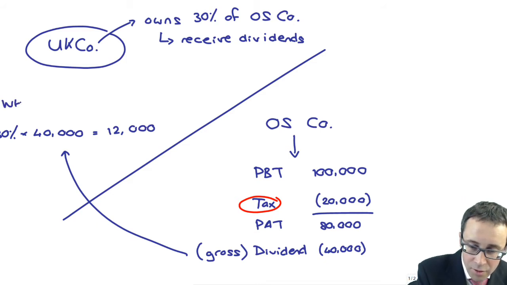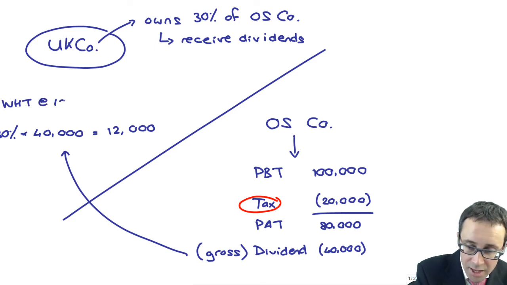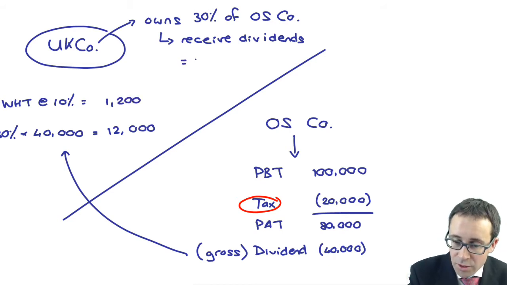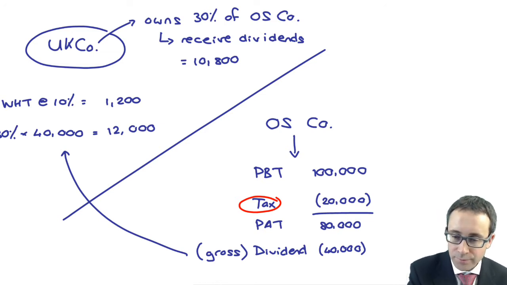So let's just say that the withholding tax, shall we just say it's there at 10%? And that's 1,200, isn't it? So the dividends that you receive ultimately would be 12,000 less 1,200, so 10,800.